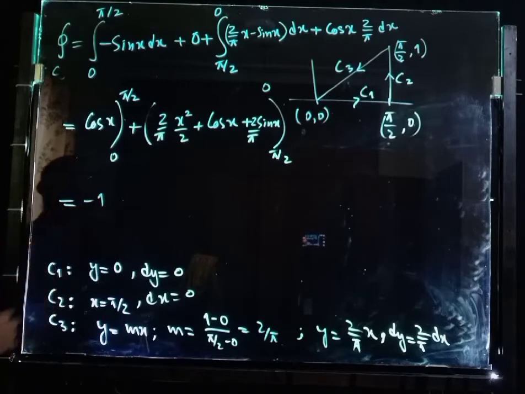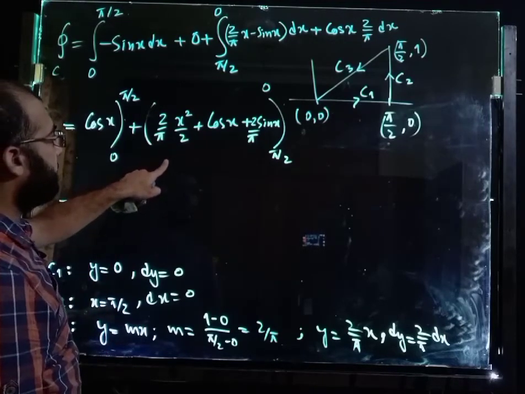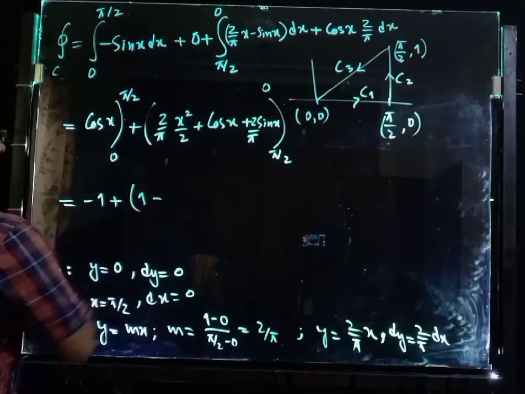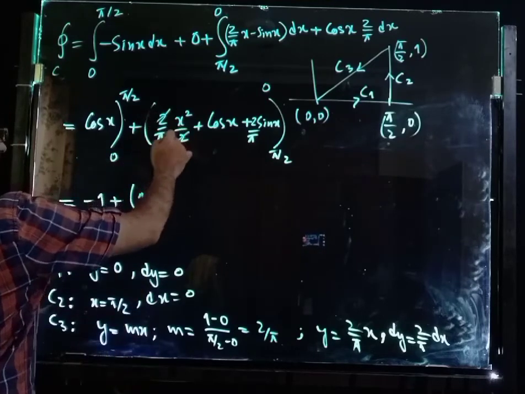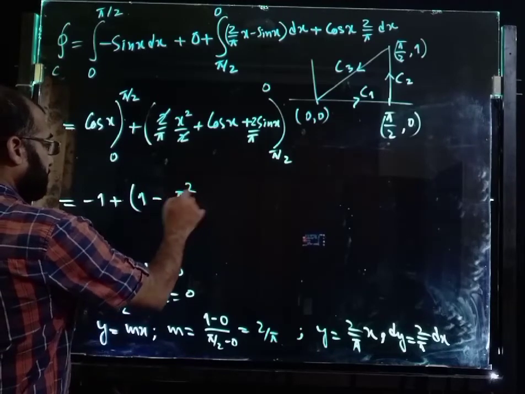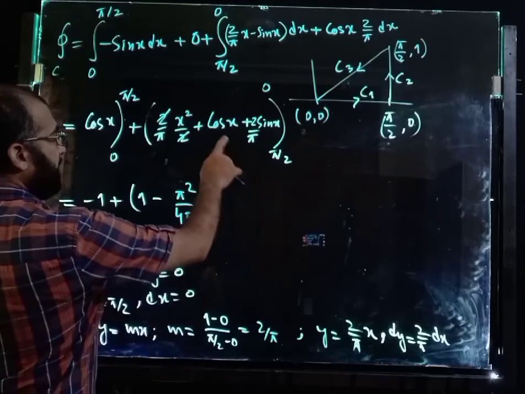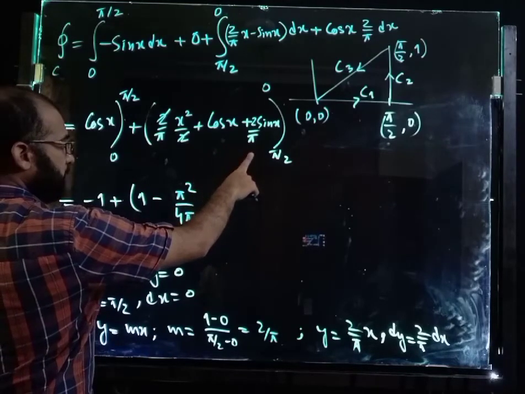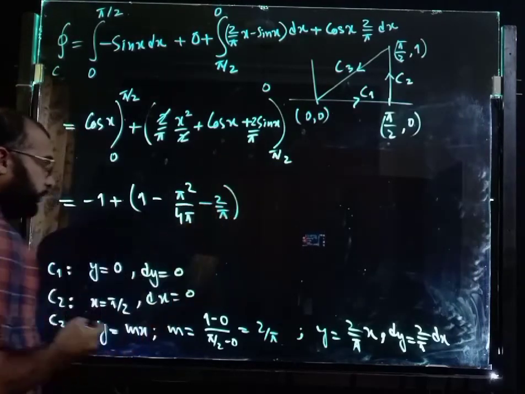This is minus 1 plus 0, then 1, minus, this 2 is balanced, so pi squared by 4. At pi by 2 it is 0, and at pi by 2 sin is 1, so 2 over pi.